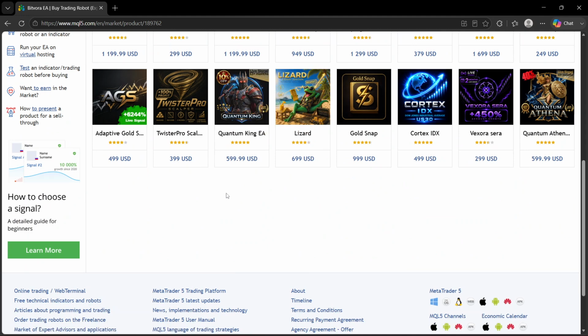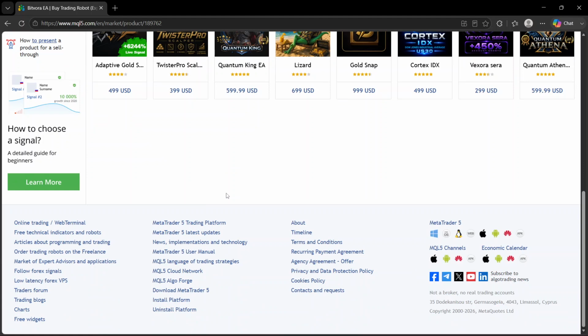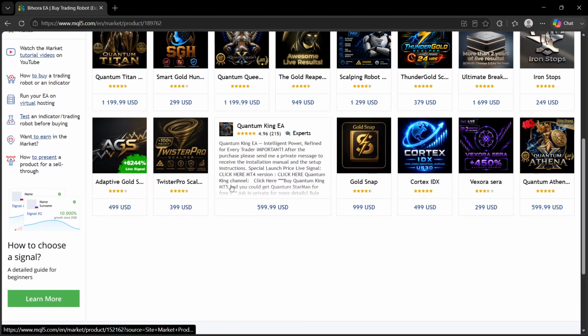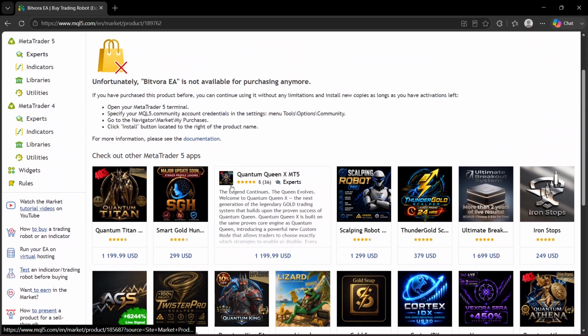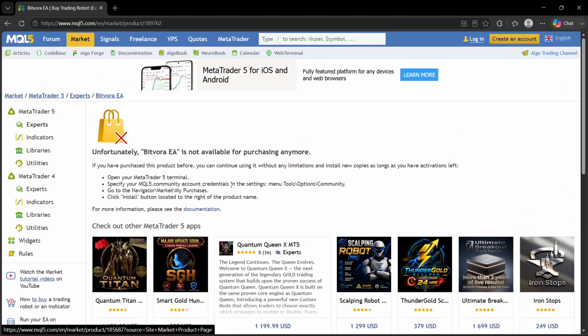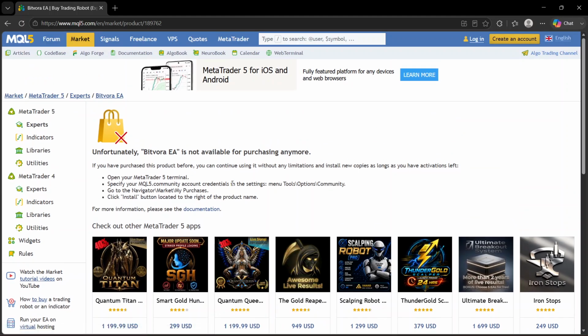When an EA disappears from the market like this, it usually happens for one of a few reasons. Sometimes the seller pulls it after too many support requests or refunds. That means they can't handle it anymore, so they took it down.